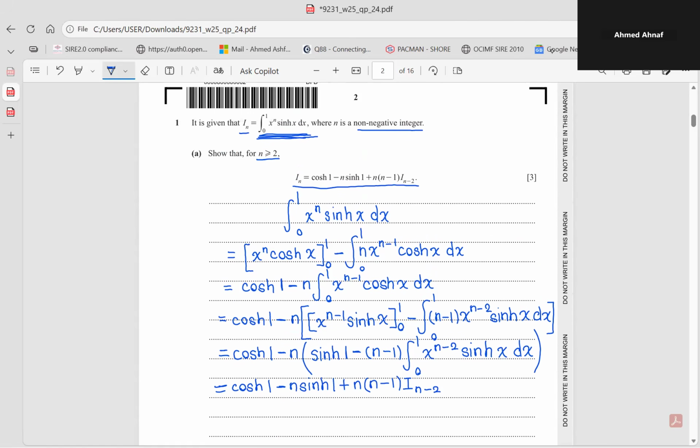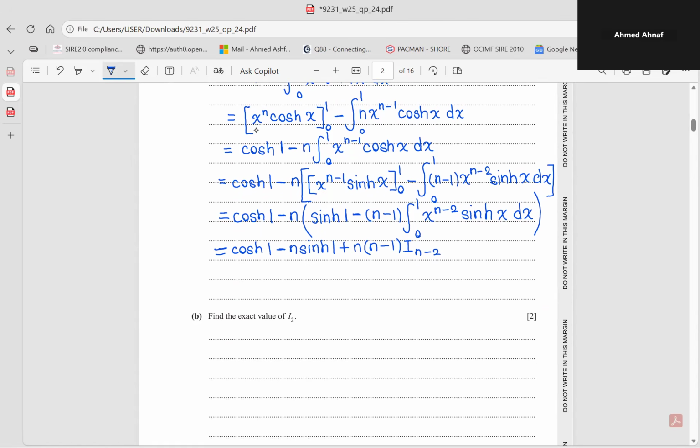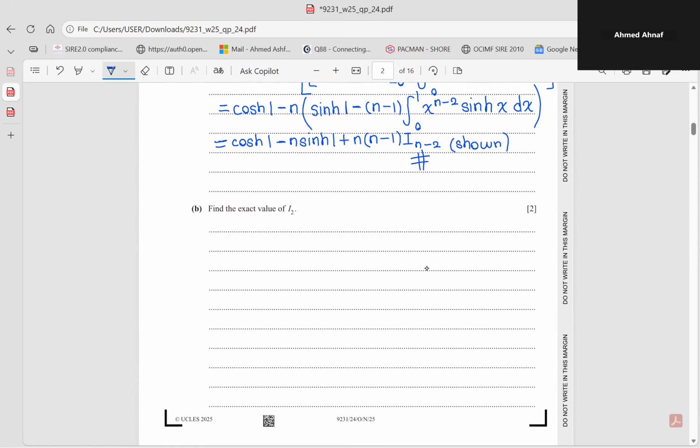Let's see. Yep, that is the exact form. So let me put I subscript n. We can write shown here, so we can stop and move on to the next part.